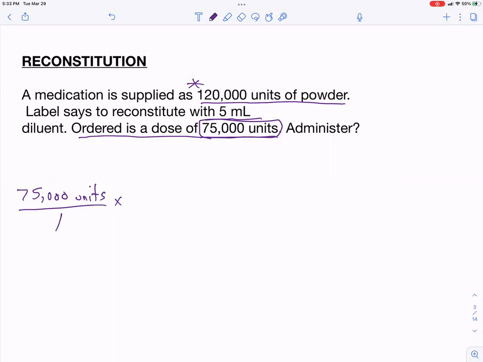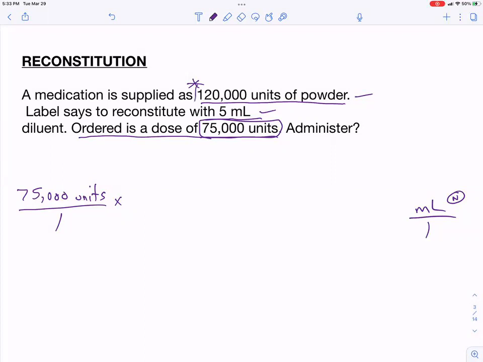So what is our wanted? If we're adding liquid to a powder, our wanted is the milliliters. You can put that over 1, and remember why? That reminds you that milliliters has to end up in your numerator. So what can I use in my problem to get rid of units and get just to milliliters? Remember when I said 2 apples mixed with 3 oranges is 2 apples and 3 oranges.